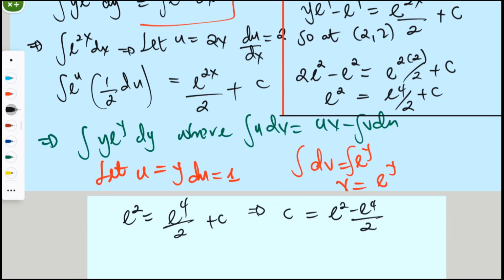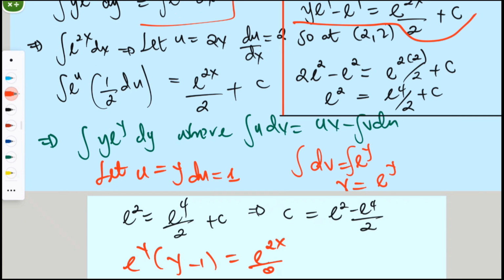Okay, it means that our function would be y e to the power y. I can factor out e to the power y, so e to the power y times y minus 1 equals e to the power 2x over 2 plus c, which is e squared minus e to the power 4 over 2.